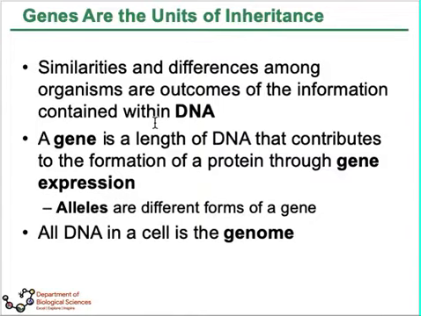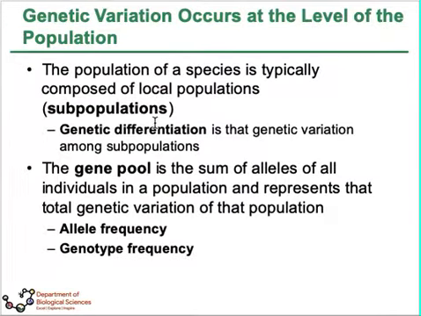So, what is the importance of genes in the process of adaptation and, of course, the process of natural selection? The population of a species is typically composed of local populations called subpopulations, wherein there is what we call genetic differentiation. Within these subpopulations, yun yung very evident yung tinatawag na genetic differentiation.